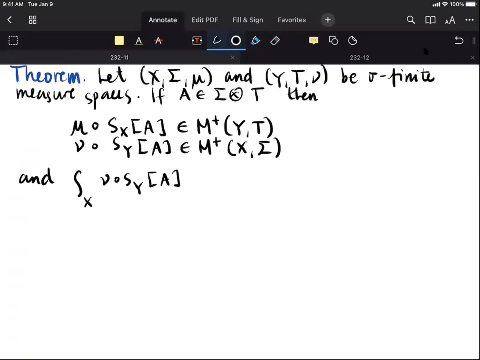So here we have the composition of measure nu and the section on y. This is a function of x, so we integrate with respect to the measure nu. This is the same as the Lebesgue integral of the first composition, that is mu and the section on x. And here we need to use the measure nu.